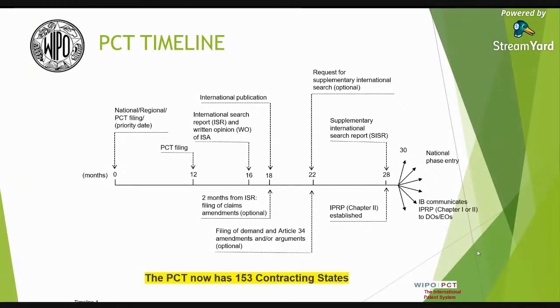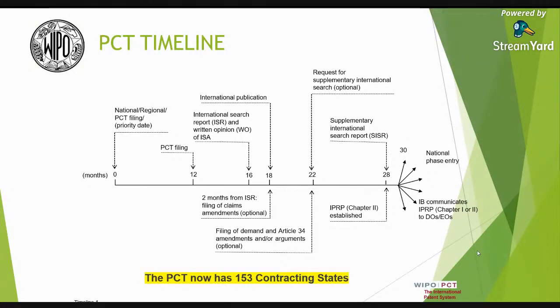If you choose 10 countries or 12 countries, obviously you're going to get the time to hire an attorney, do the search, and find out how you're going to file and what the procedure is in those countries. In some countries you can enter the national phase at 30 months. Some of the 153 countries allow you to enter in the 31st month.